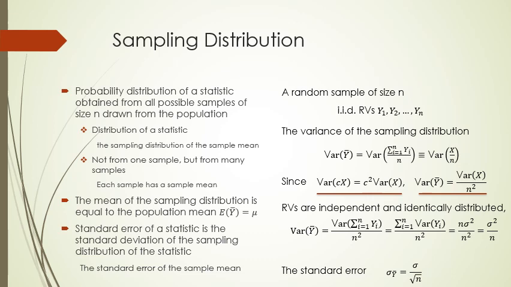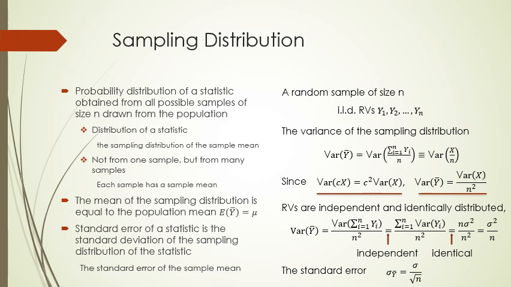Since all random variables are independent, the variance of the sample sum is the sum of all variances. Since they are identically distributed, the variance of each random variable is the same, which is sigma squared.